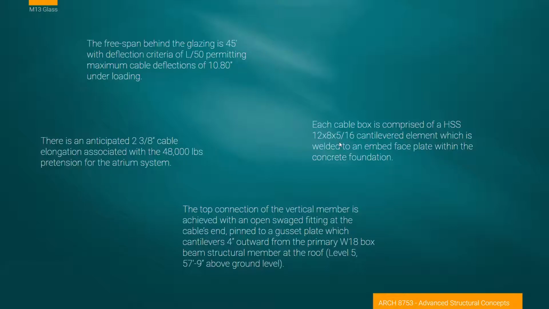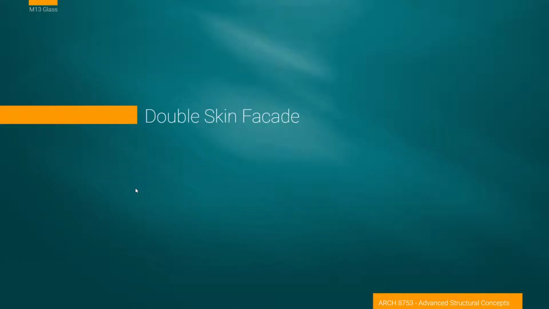The cables are, well, you can read these on your own. But just interesting tidbits of fact and ideas about how much pressure, 48,000 pounds of pretension in the cable for the atrium system.